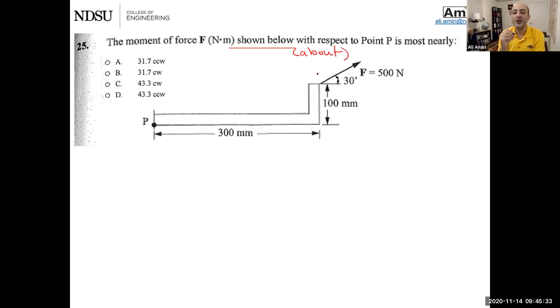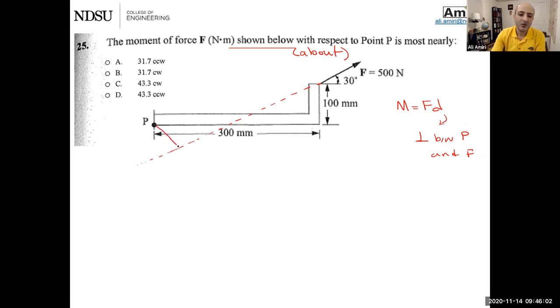So find the moment of that force about point P. For problems like this, I always tell my students to break it down. Moment is force multiplied by distance. This distance, I just told you, is the perpendicular distance between P and the line of action of F. Line of action of F is right here.